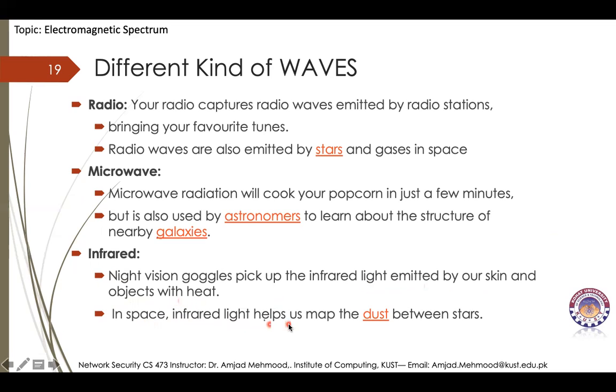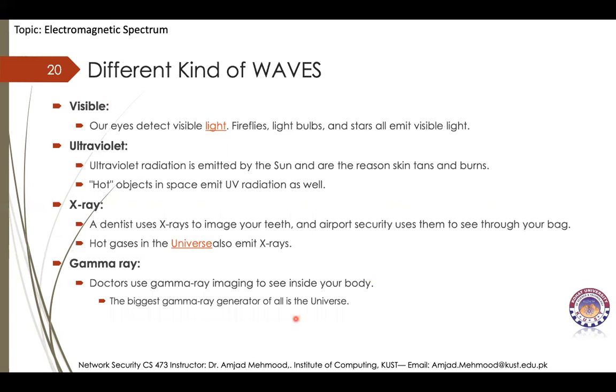In space, infrared light helps us map the dust between stars. Visible: our eyes detect visible light. Fireflies, light bulbs, and stars all emit visible light. Ultraviolet radiation is emitted by the sun and is the reason skin tans and burns. Hot objects in space emit ultraviolet radiation as well.